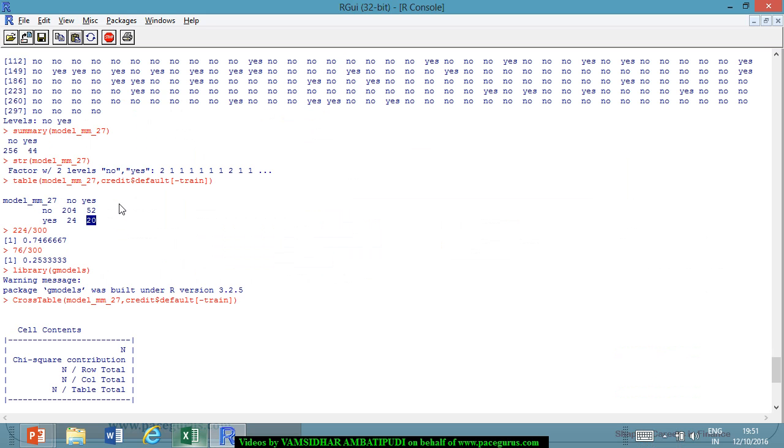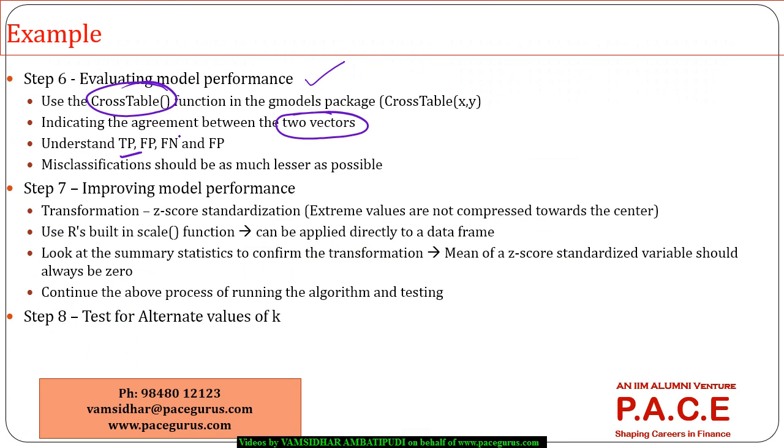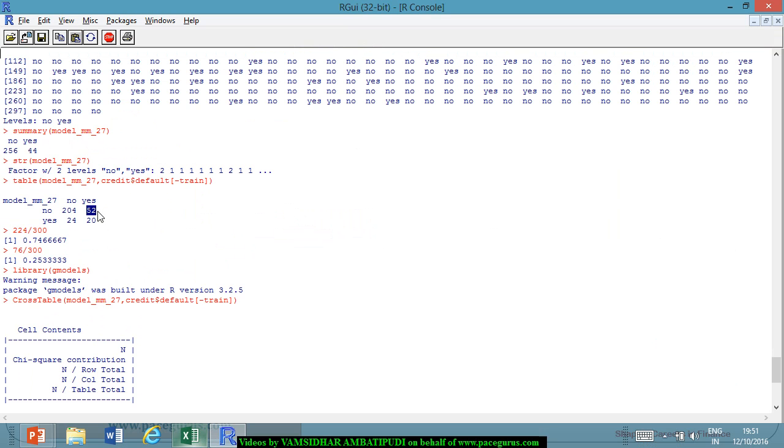False positive: the actual is positive, default, but your model has predicted no. So this is a false positive which is going to have a very serious consequence. Then false negative: your model has predicted yes and in reality it was no. So it's a false negative.